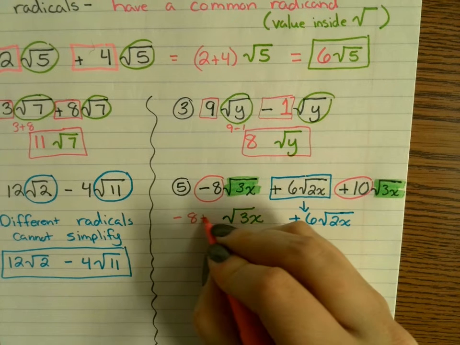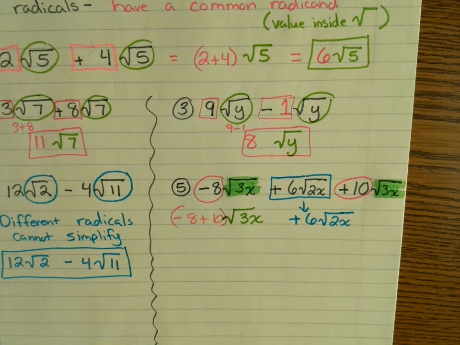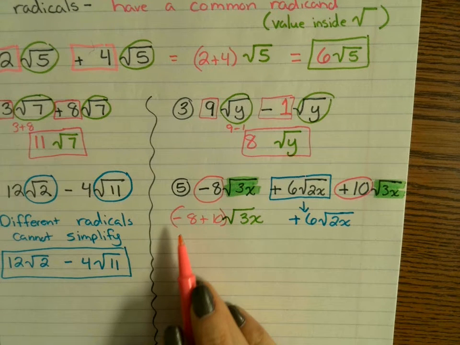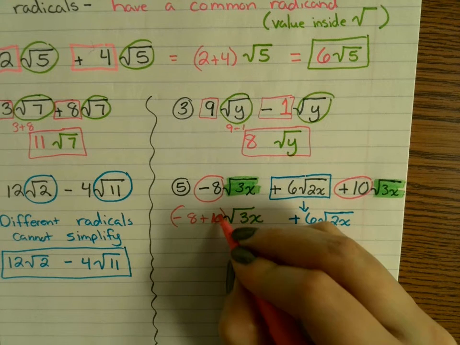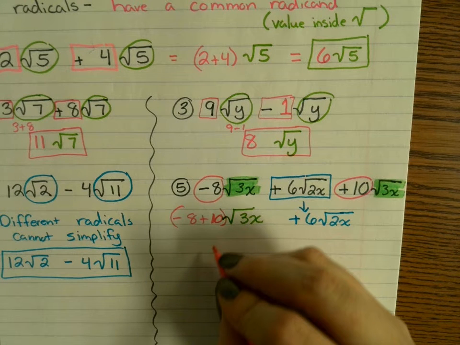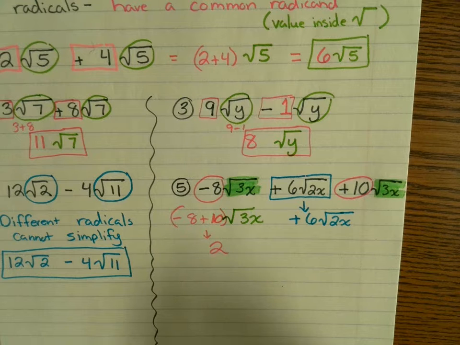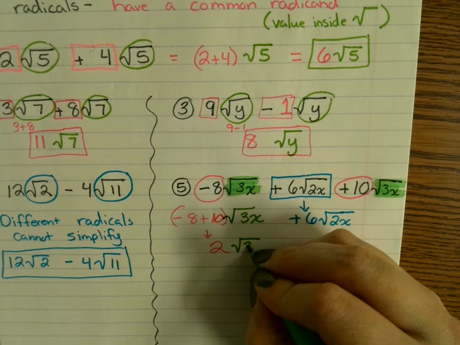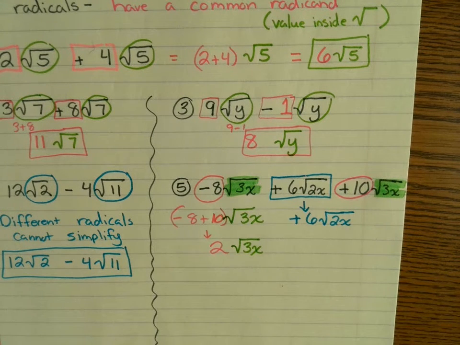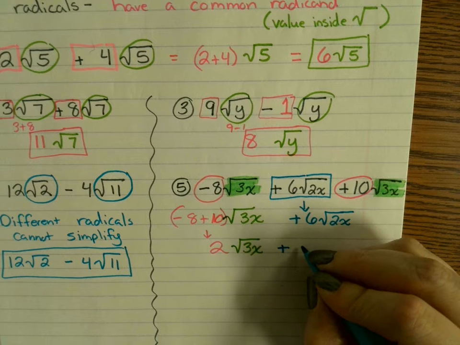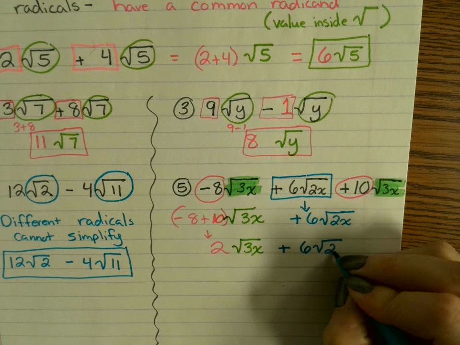Negative 8 plus 10 gives us a positive 2. So we get 2 square root of 3x plus that 6 square root of 2x. And then that's it. That's as far as we can go.